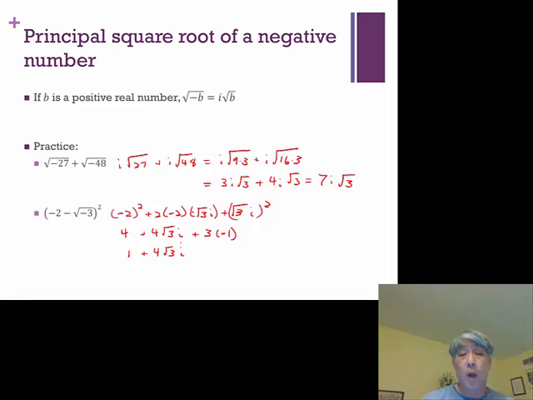So that's how we're going to be using i's and square roots here.